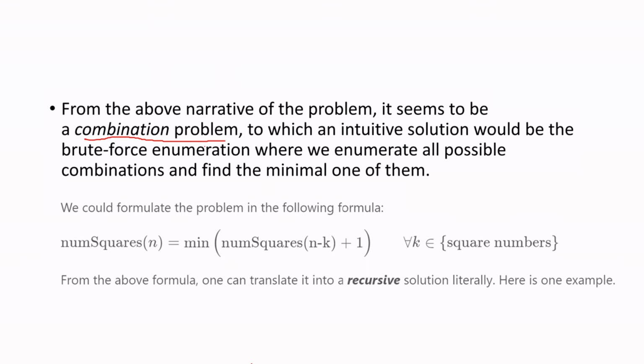An intuition would be brute force enumeration, which I think does not need much more explanation. We enumerate all possible combinations, and we have to find the minimal one.